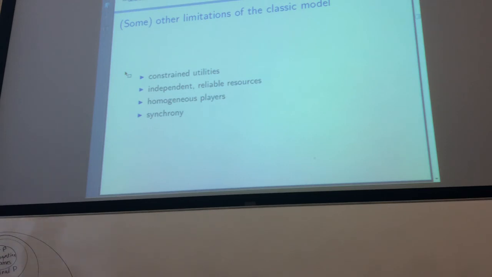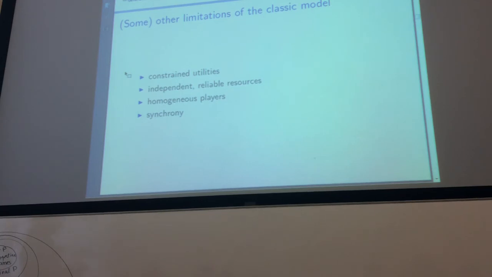Then we also assume that the resources are independent. The utility or cost function per resource does not depend on the functions of other resources, so there is independence between the resources. And also they are reliable. As long as you use it, you will get what you get, described by the function of utility or cost. So they don't fail.